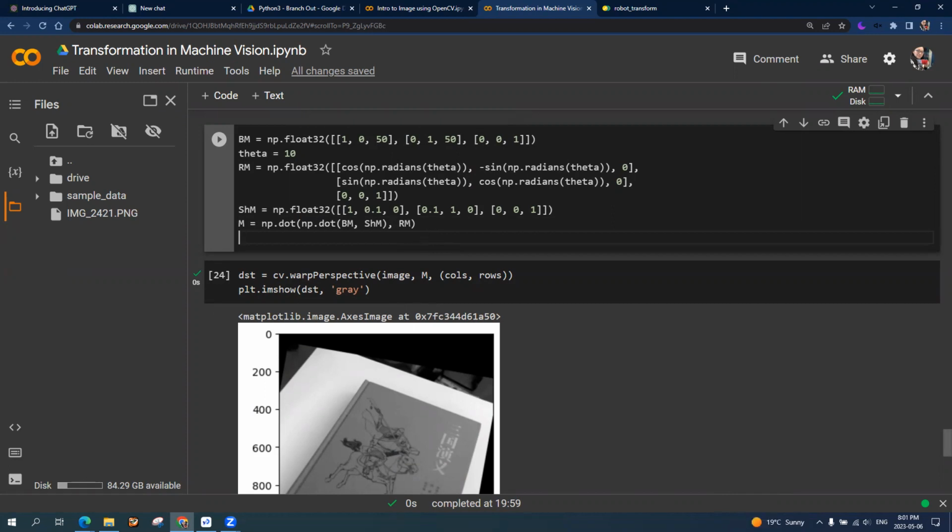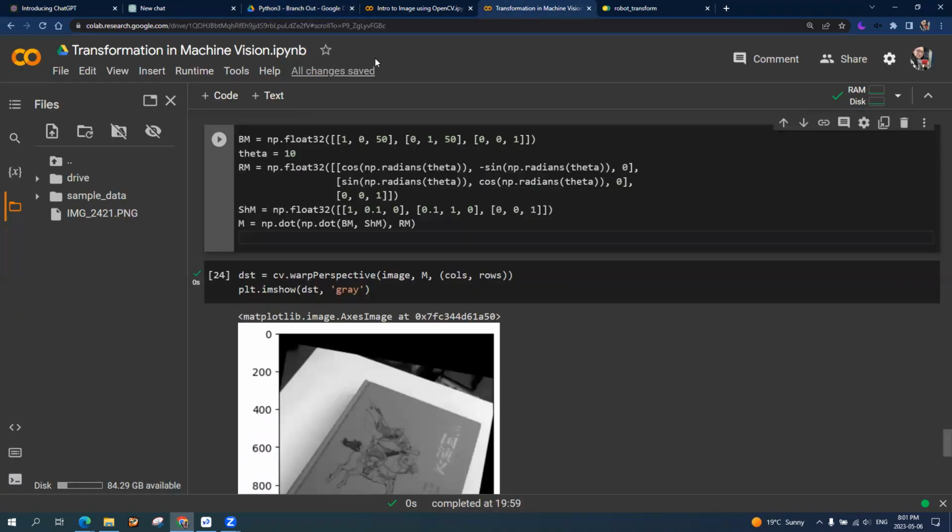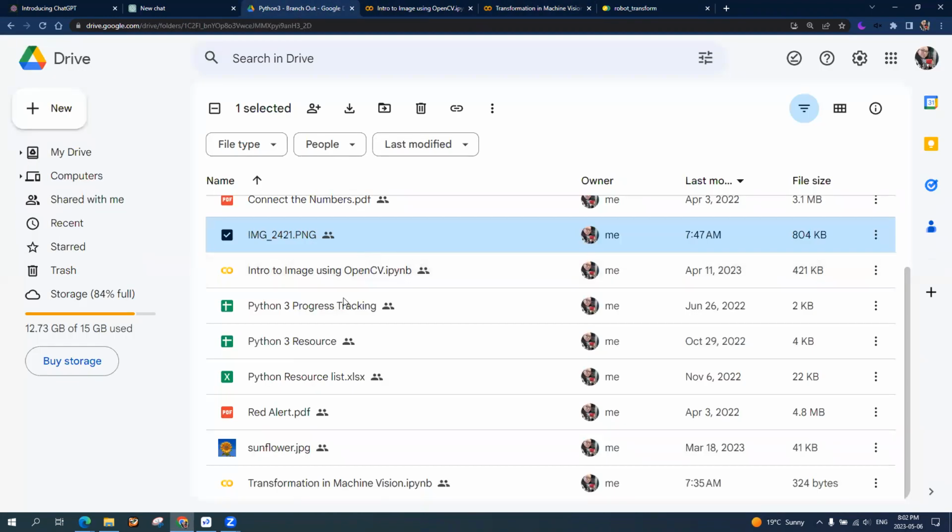Any questions? You guys can get this notebook in my Google Drive, Python 3. Just go into this Drive folder, and then transformations in machine vision. So once you open that notebook, make a copy into your own Google Drive. All right. And the image that I'm using is also in the same location.